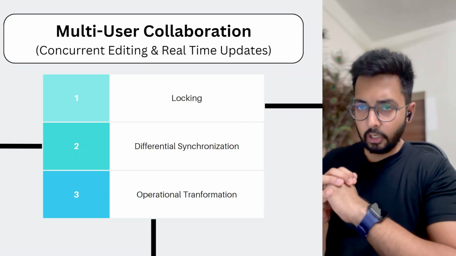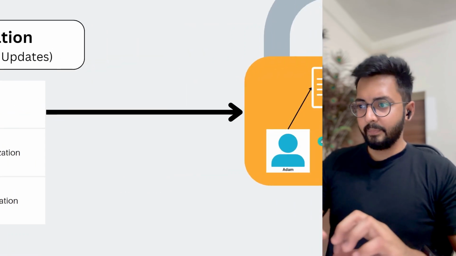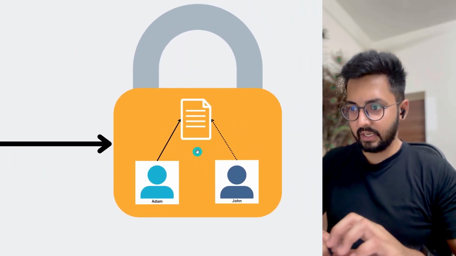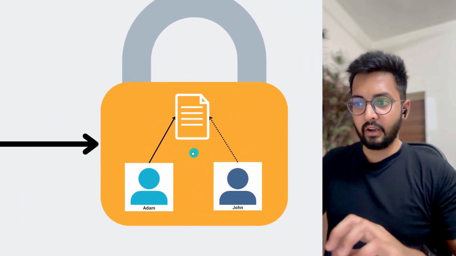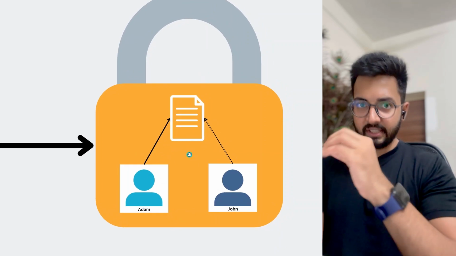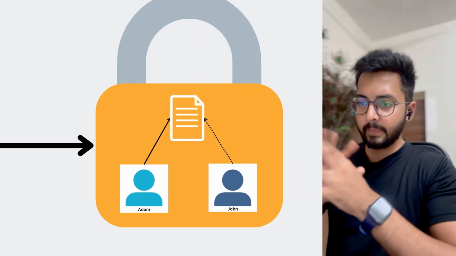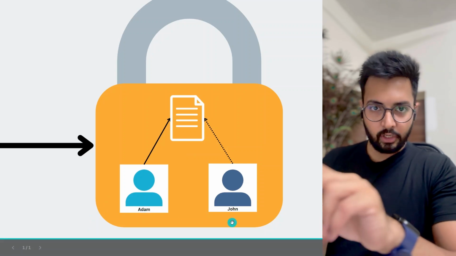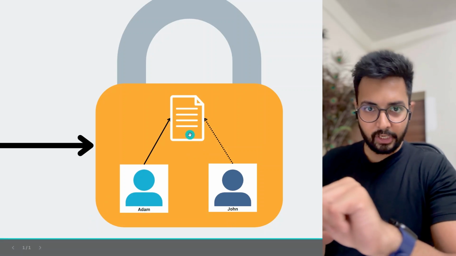So what happens in locking? It's very simple. Let's say there are multiple users. As you can see in this diagram, we have as of now two users sharing a single document. There can be multiple users. Let's say Adam and John are two users having access to this particular document.